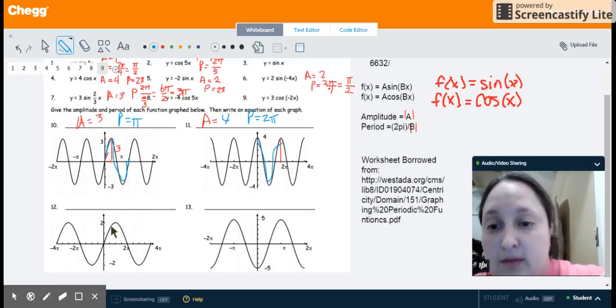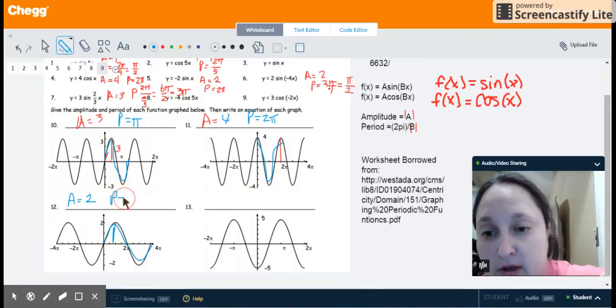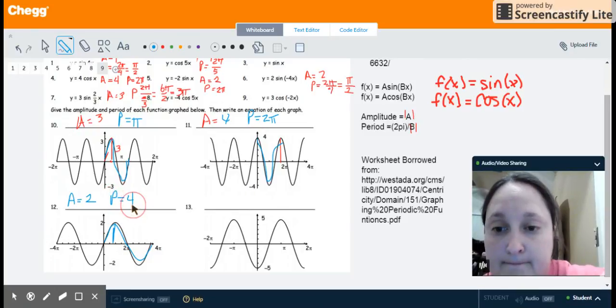The amplitude for this graph, in this case, would be 2. And one cycle of this graph would be 4 pi. So the period is 4 pi. Okay, last but not least, this one.